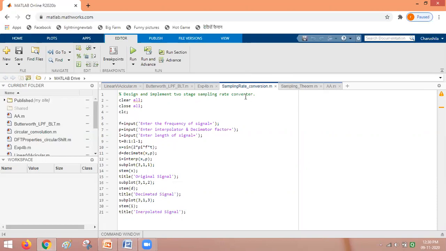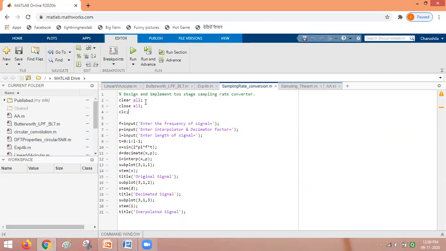So in the MATLAB programming, here always first statement will be the comment which is mentioning the title of our experiment. So design and implement two-stage sampling rate converter. Clear all, close all, and CLC. These are the common instructions which we are using for all the experiments.